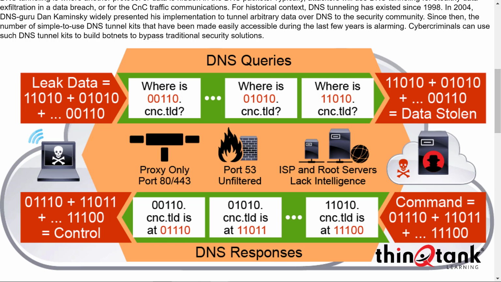There are very few restrictions on the data that a DNS request actually contains, because the protocol itself is designed to look for domain names of websites, and those domain names could be almost anything, right?